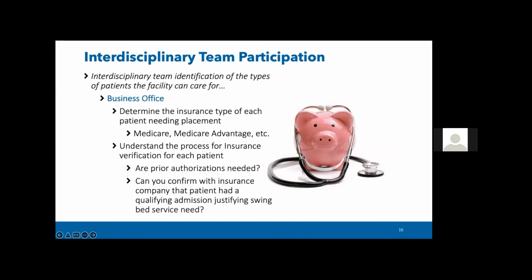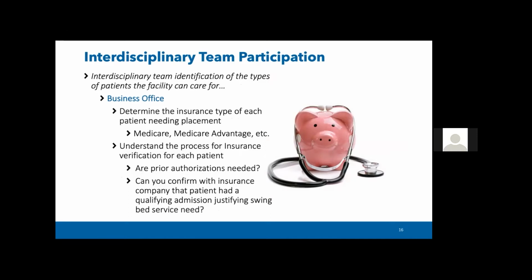And then the last part of our interdisciplinary team is the business office. So what types of insurance are we looking at? Medicare Advantage? What's the process for insurance verification for each patient? Are there prior authorizations needed for that insurance coverage?